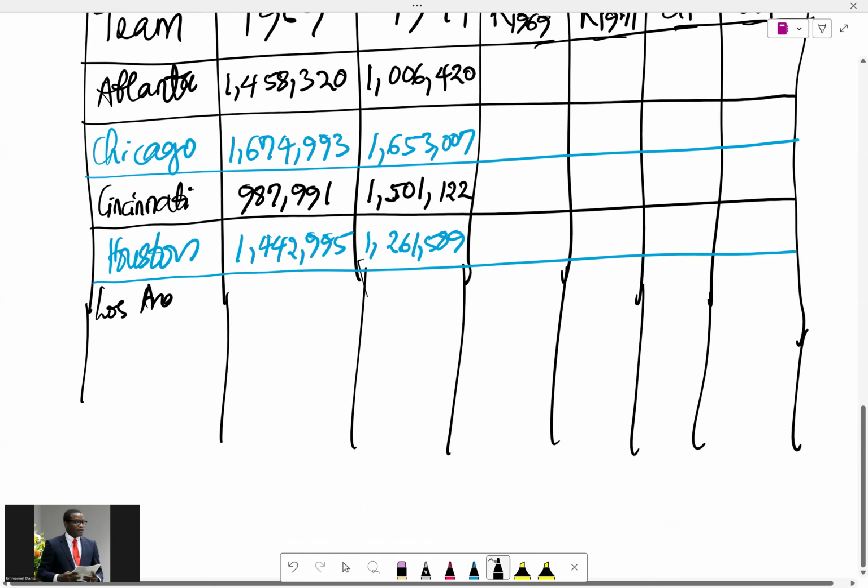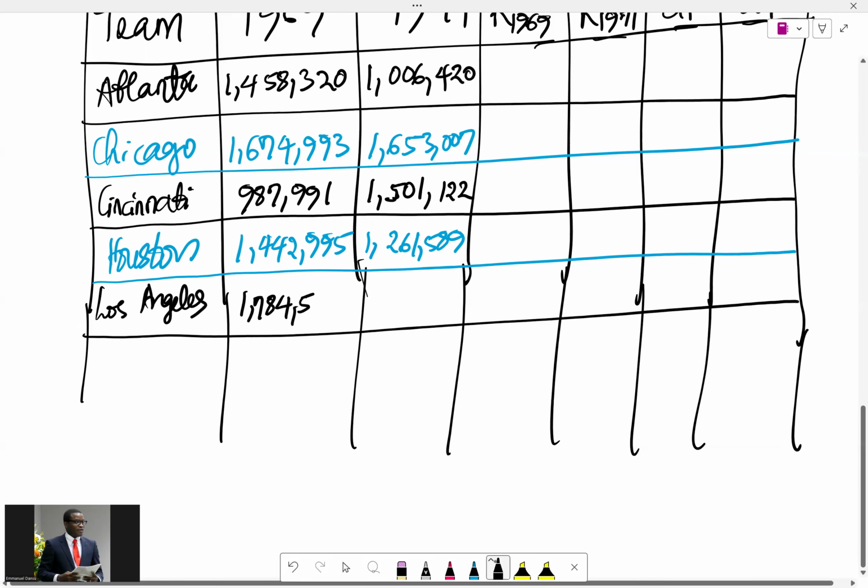The 1969 attendance was 1,784,527. And then the 1971 attendance was 2,064,594. And then we have Montreal.